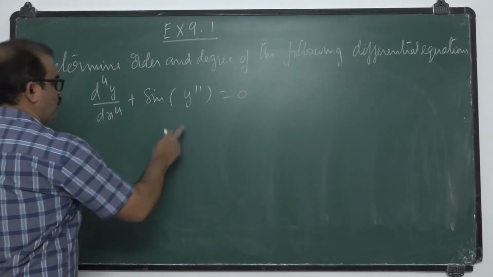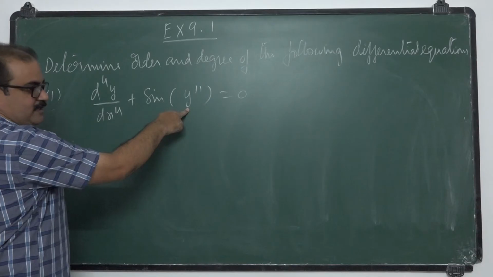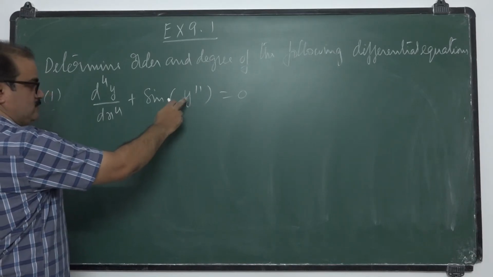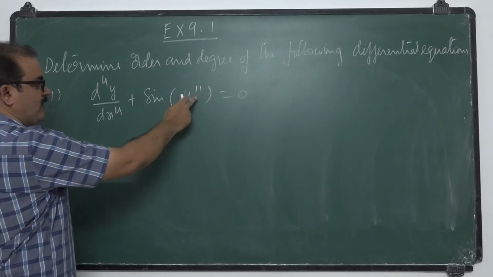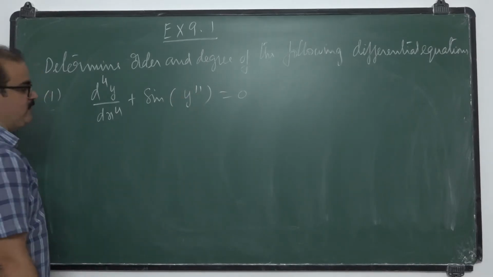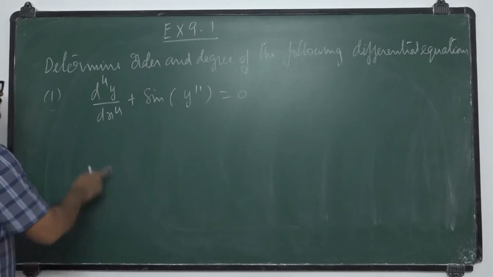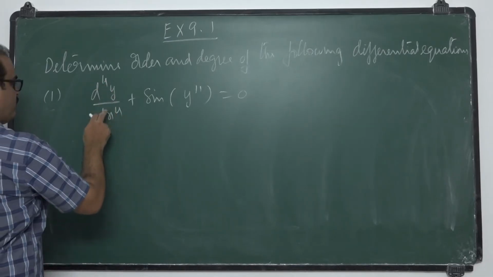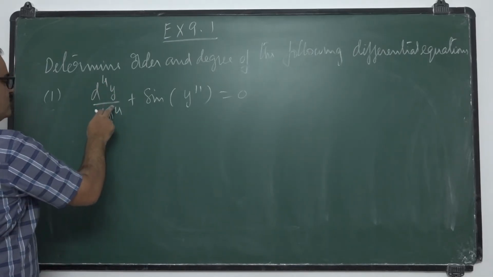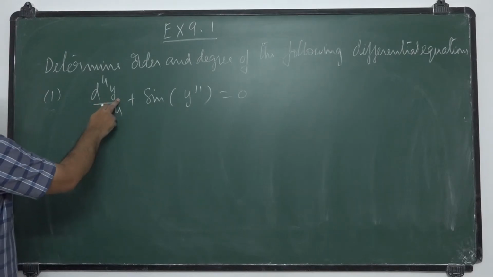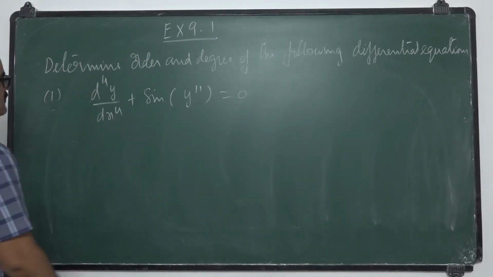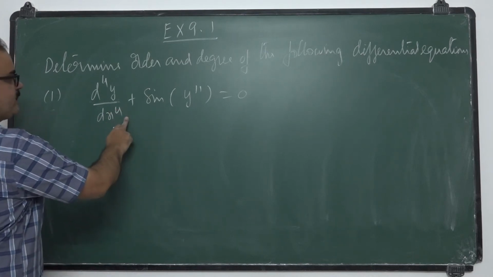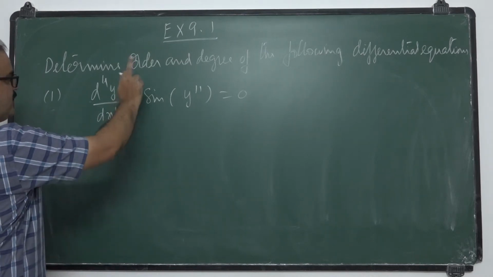See here, y double dash means second derivative of y. The second derivative of y is represented by y double dash or d square y by dx square also. What is meant by d power 4 y by dx power 4? It is the fourth derivative of y with respect to x. For this equation, find order and degree.